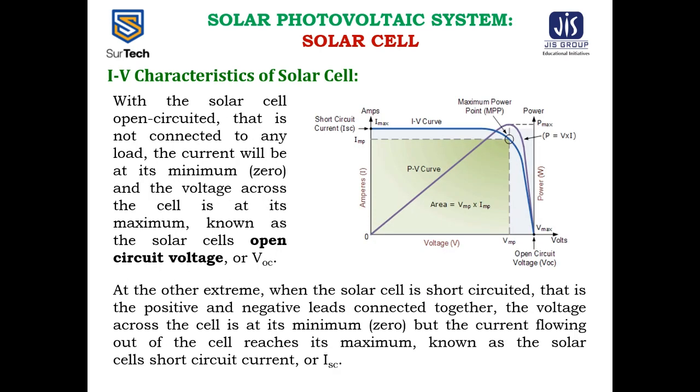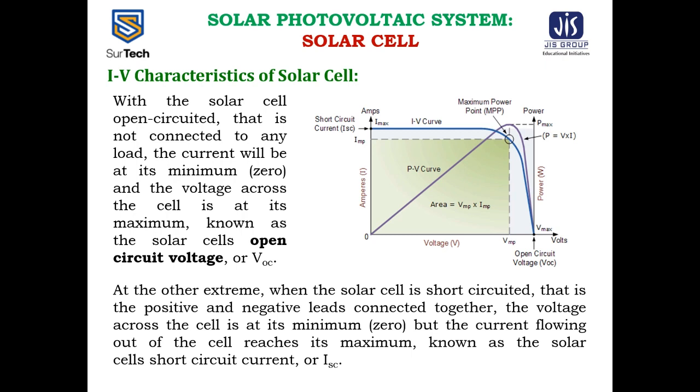With the solar cell open circuited, that is not connected to any load, the current will be at its minimum and the voltage across the cell is at its maximum. This voltage is called the open circuit voltage or the VOC.